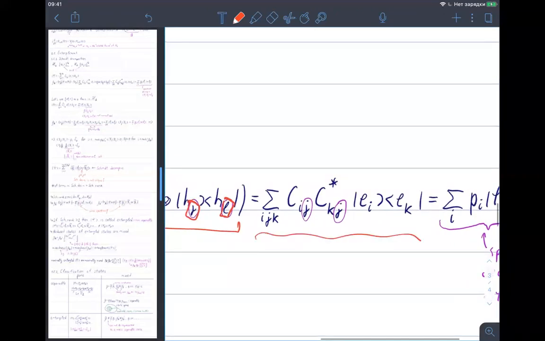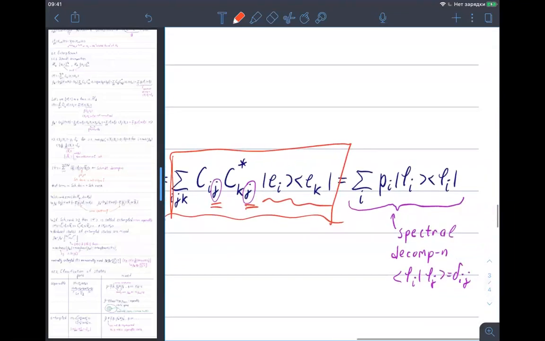Finally, I come to this expression. I have this summation where these indices are the same, because they survived after the partial trace, and here are the projectors in the space of the A system. I have this matrix, and I can always consider its spectral decomposition. So I can find some states phi_i which diagonalize rho A, and I obtain this diagonal form with respect to the phi_i's.